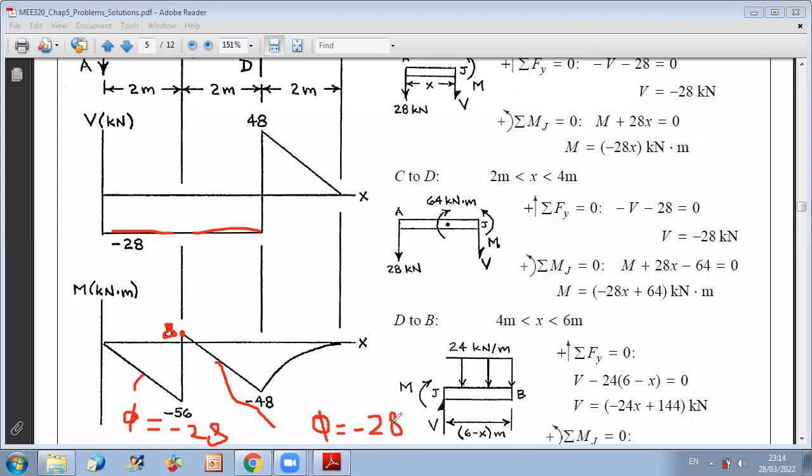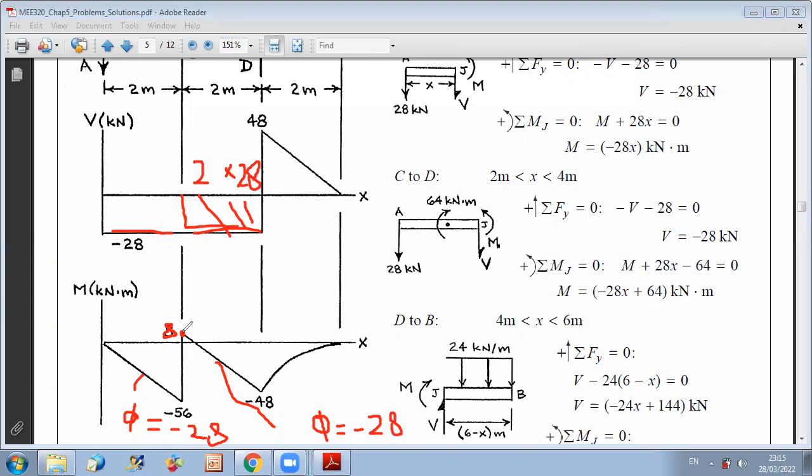Now, to know which value you will go down to, you just need to compute the area between the shear diagram and the x-axis, which is equal to 2 times 28, which is 56. Since it's below the x-axis, V is negative, so M is decreasing.